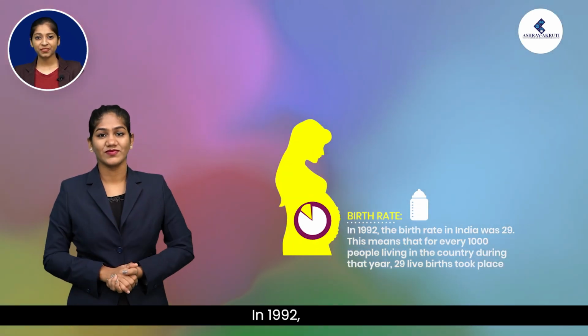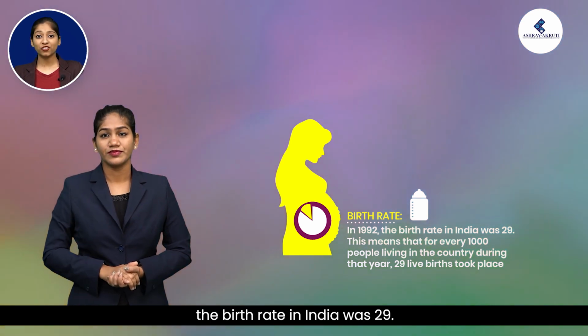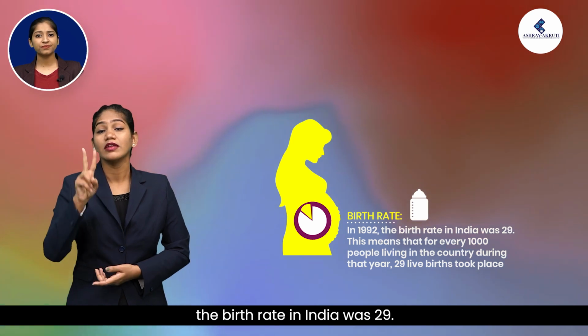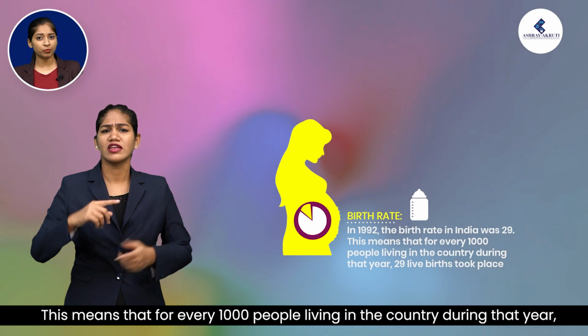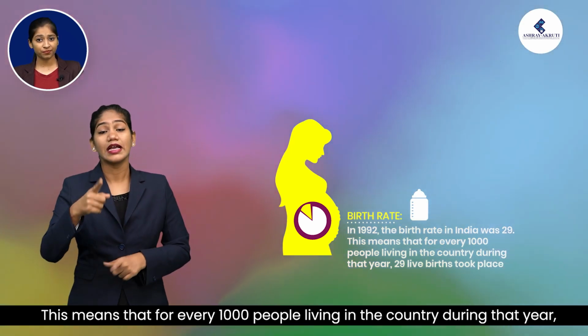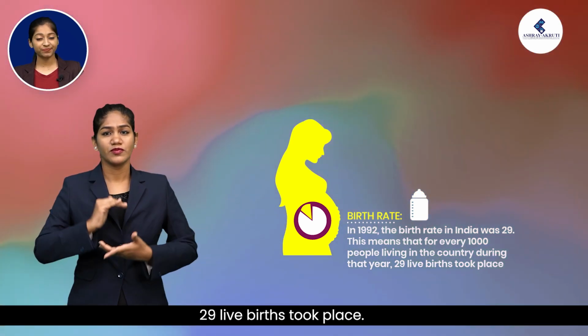Example: in 1992, the birth rate in India was 29. This means that for every 1,000 people living in the country during that year, 29 live births took place.